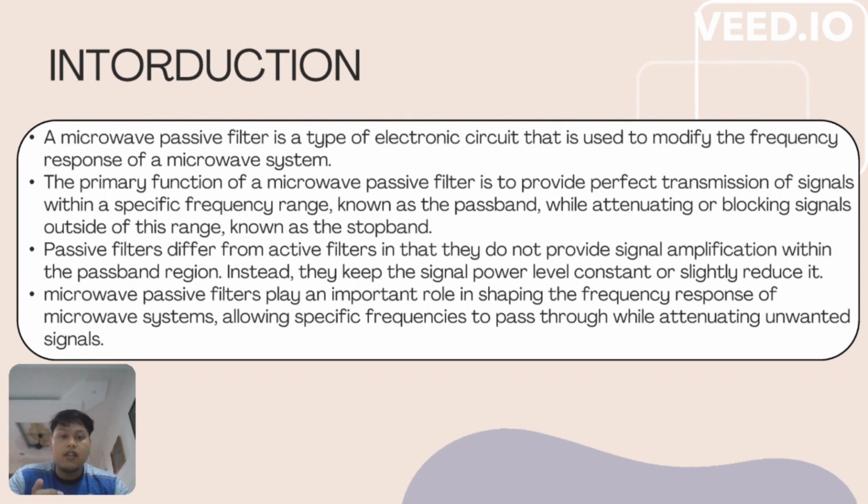Passive filters differ from active filters in that they do not provide signal amplification within the pass band region. Instead, they keep the signal power level constant and slightly reduce it.